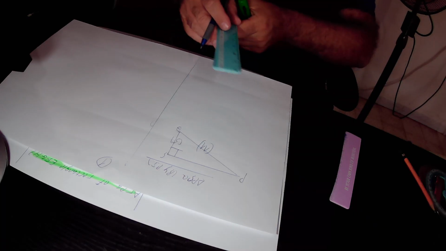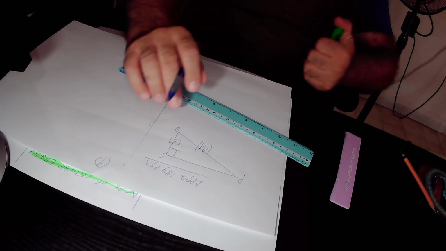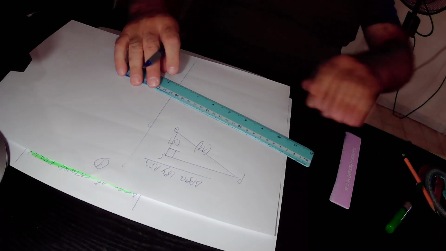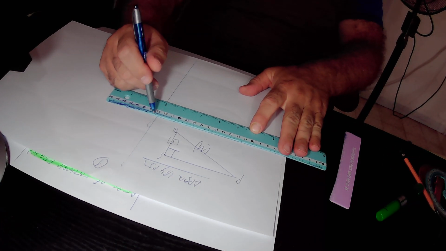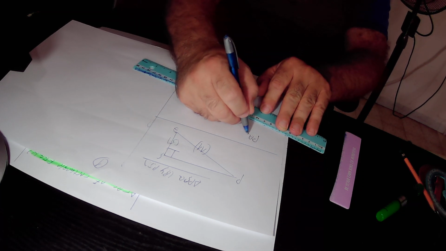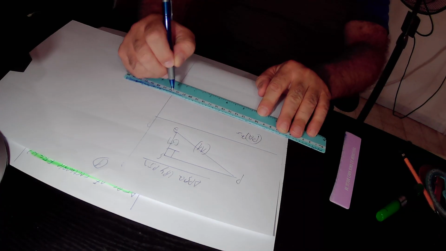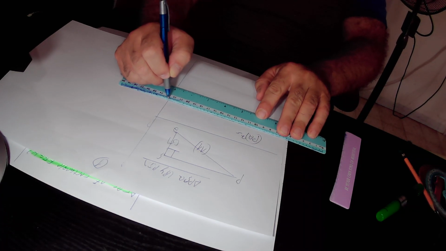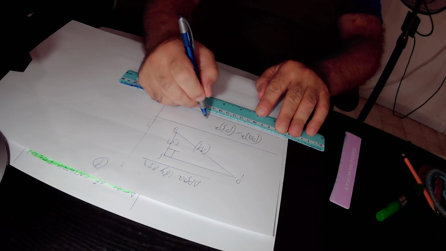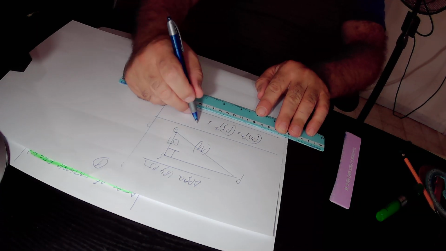PQ squared, that is the square of the hypotenuse, equals PS squared plus SQ squared.